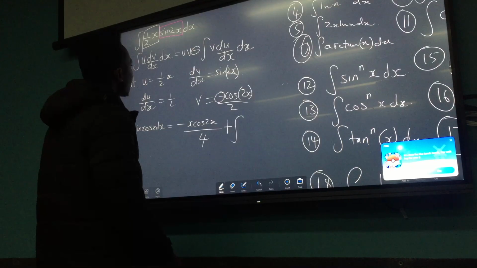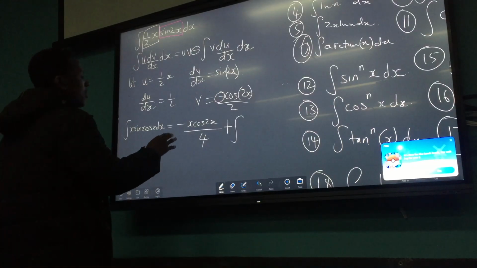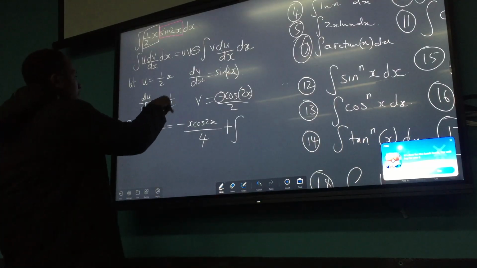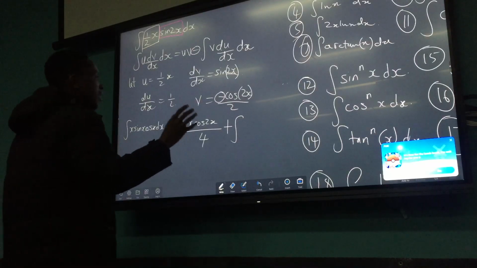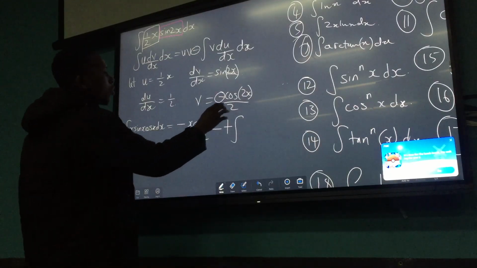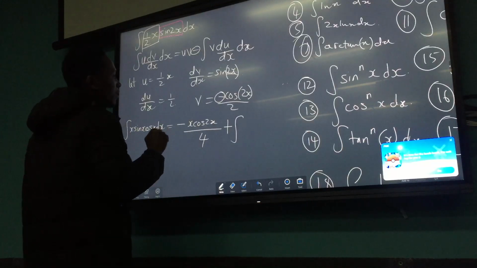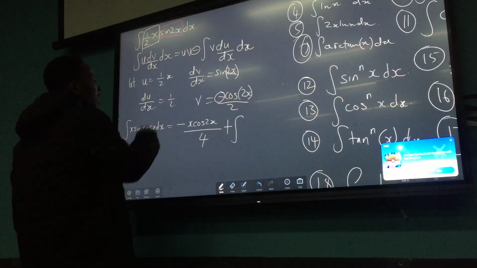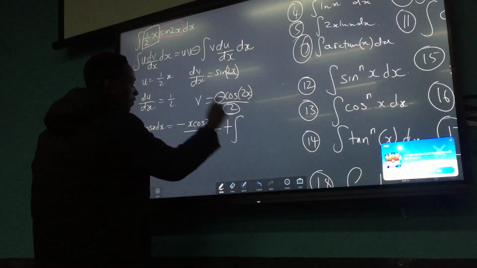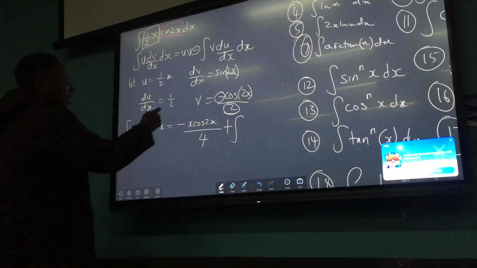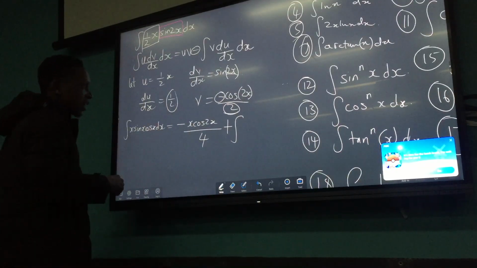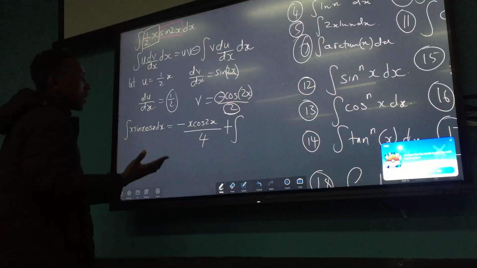And then we can take note of the constants. We have half, because remember it's going to be v du dx. So we have this half that comes with v. Then we have this over 2 here, it's a half as well. And this half that comes with du dx. So I'm multiplying v with du dx.